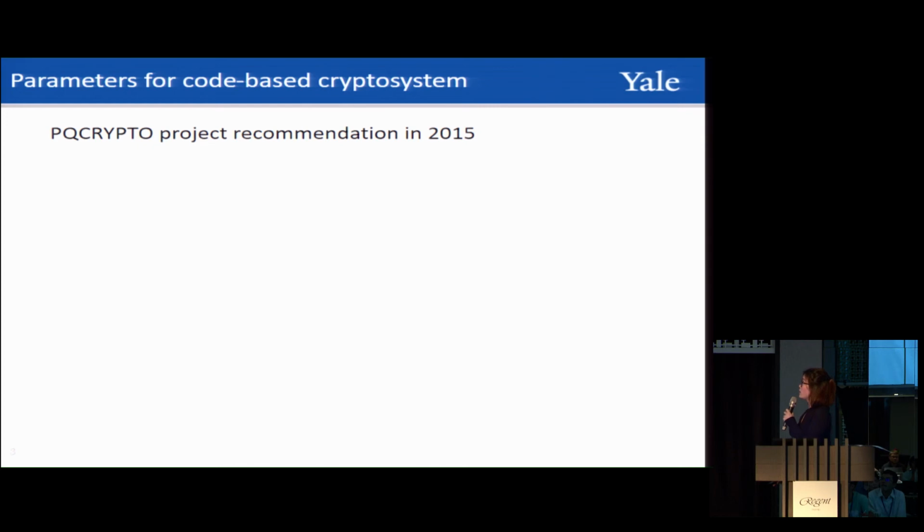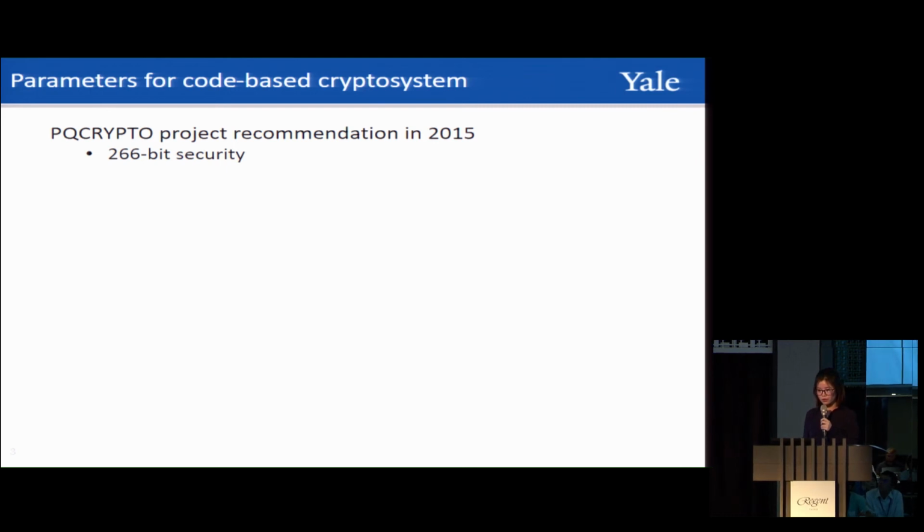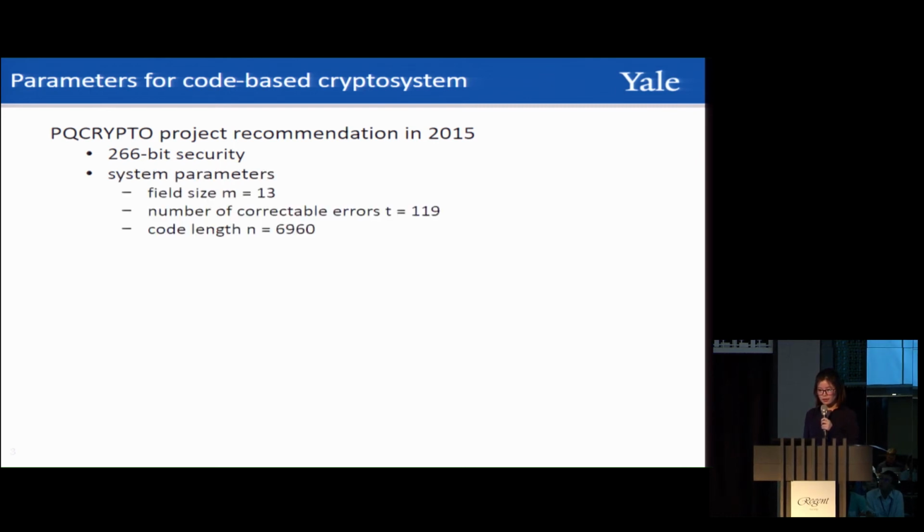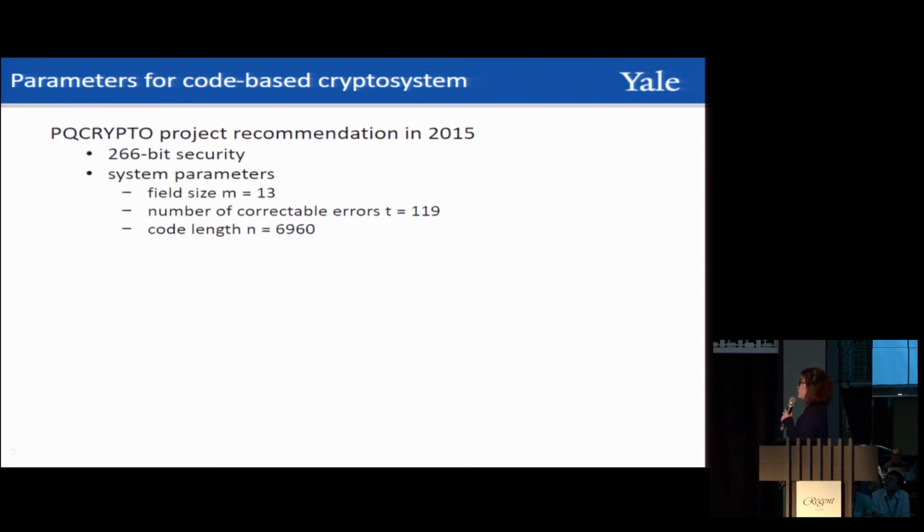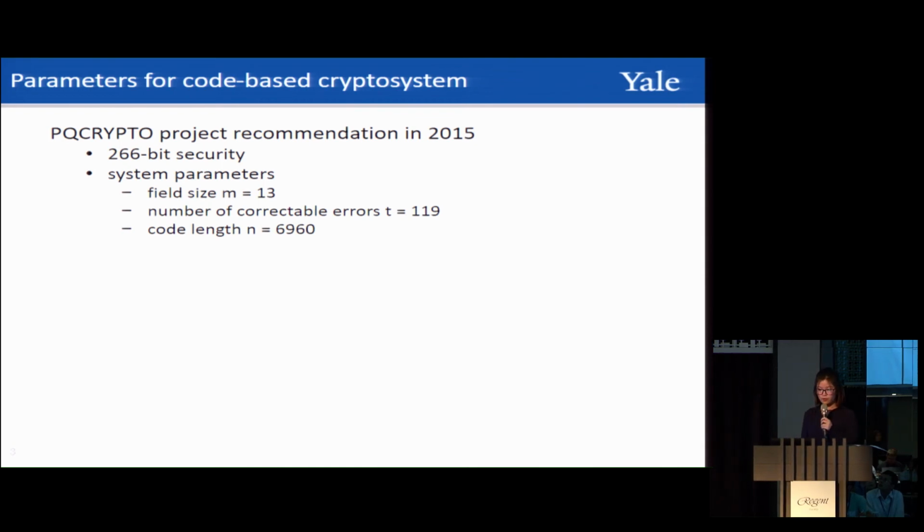I just mentioned the 266-bit security level that we are targeting. This comes from the recommendation of the PQCrypto project, published in 2015. Such high security levels correspond to this set of system parameters. First is the field size, which is a binary field; in our scheme, m equals 13. Then you need to determine the number of errors that you are able to correct, which is t equals 119.